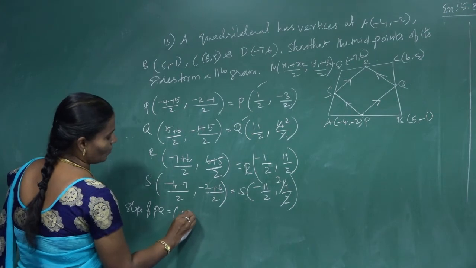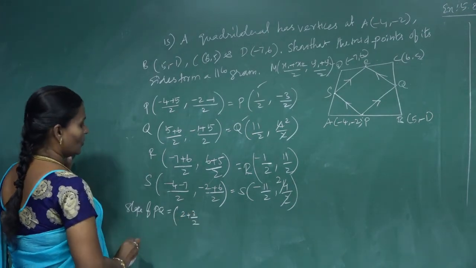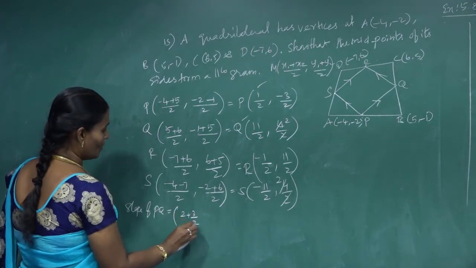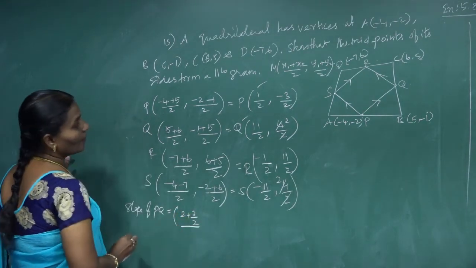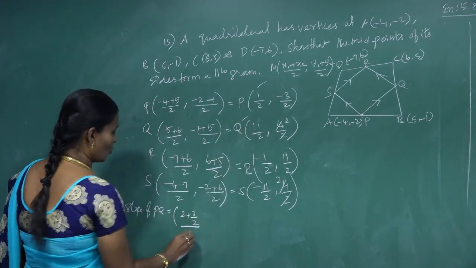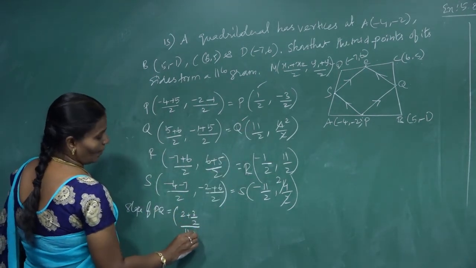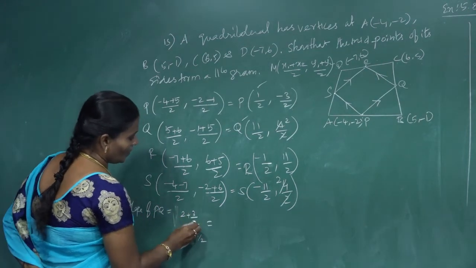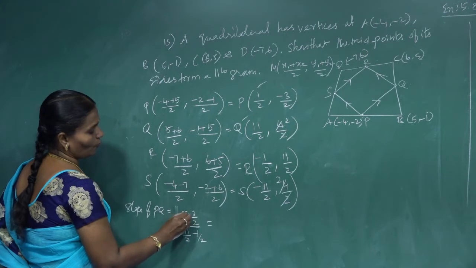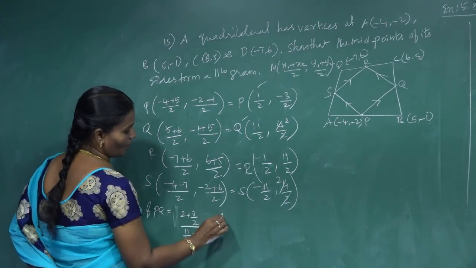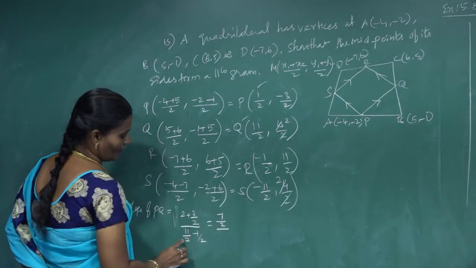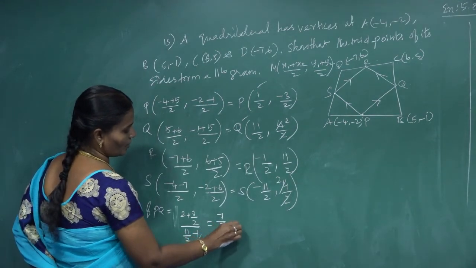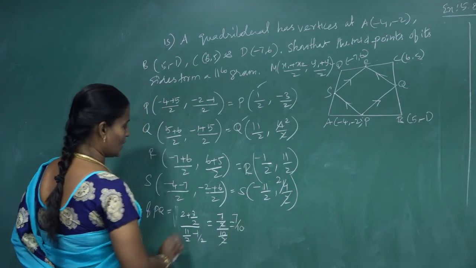Okay, 2 minus of minus, plus 3 by 2, by x2 minus x1. x2 is 11 by 2 minus 1 by 2. Now here you do the cross multiply, 2 twos are 4, 4 plus 3 is 7, 7 by 2. Then here, 11 minus 1 is 10, 10 by 2, 2 cancels. So slope is 7 by 10.